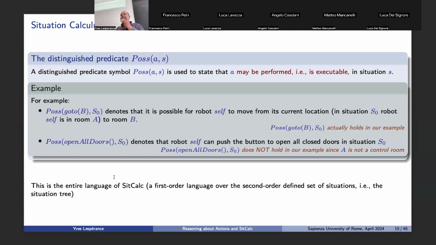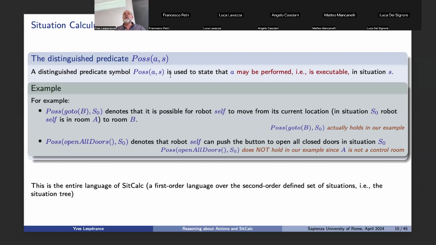What else do we have in the situation calculus? Well, we also have a distinguished predicate, Poss, and this is used to represent the executability of an action.